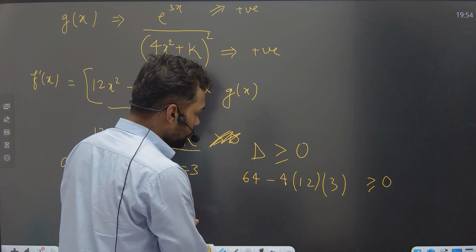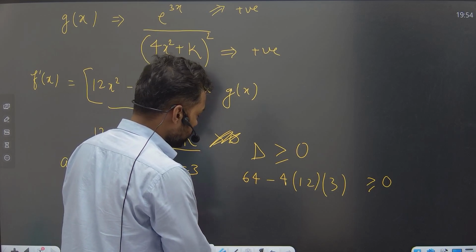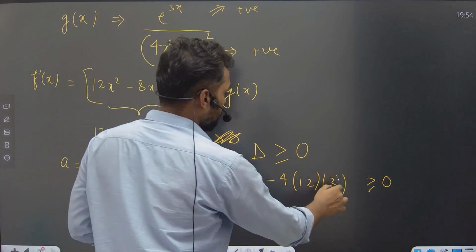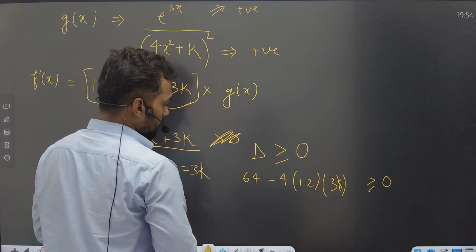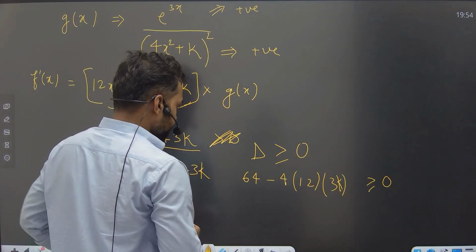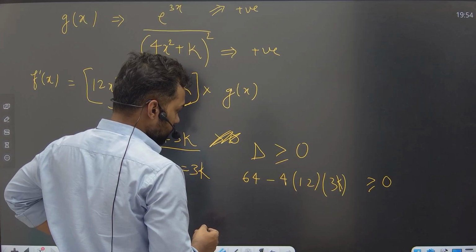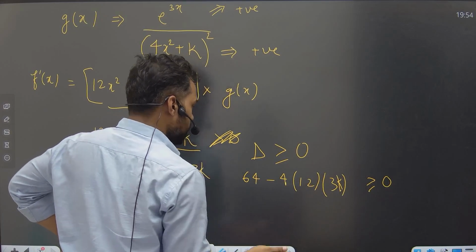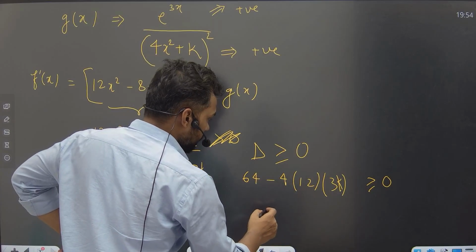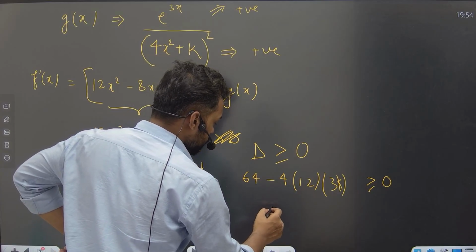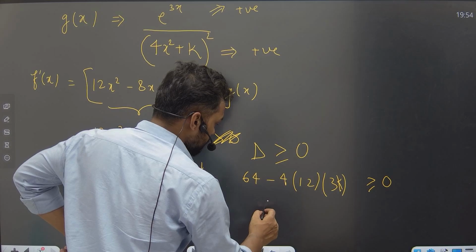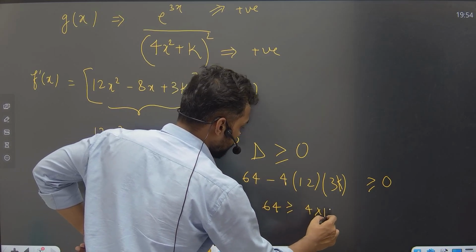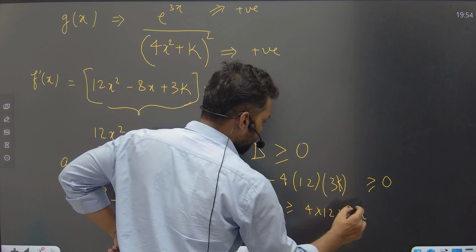So what we'll get here, c will be 3k, so we'll write 3k here. Transposing this part to the right hand side, we'll get 64 is greater than or equal to 4 times 12 times 3k.